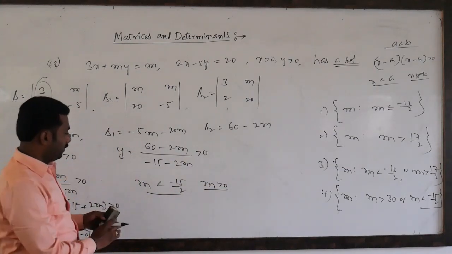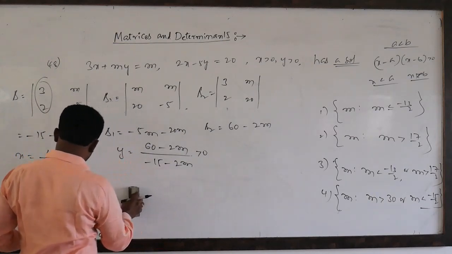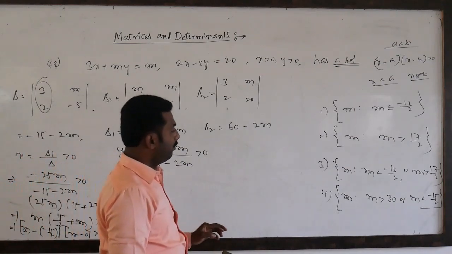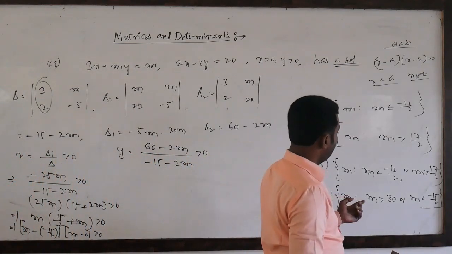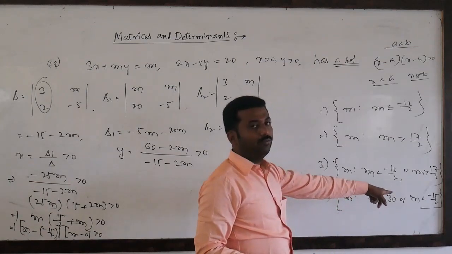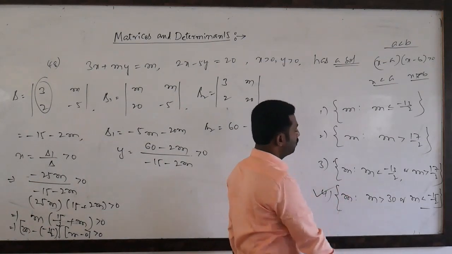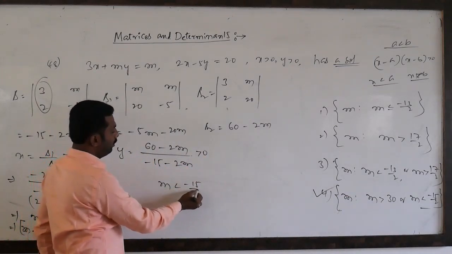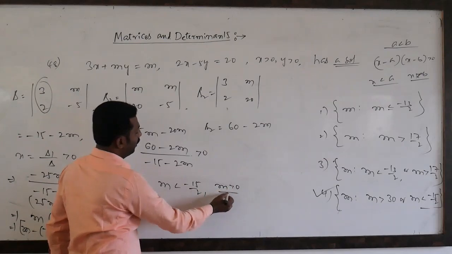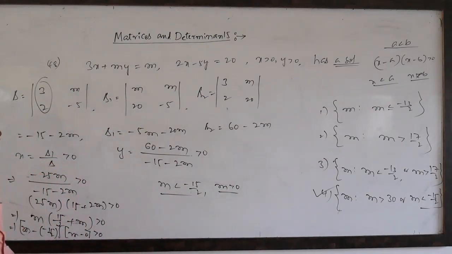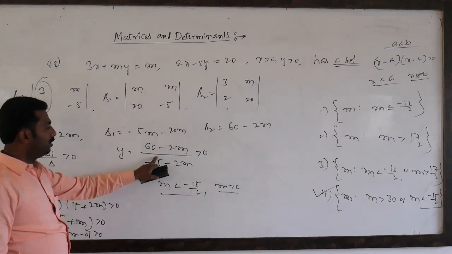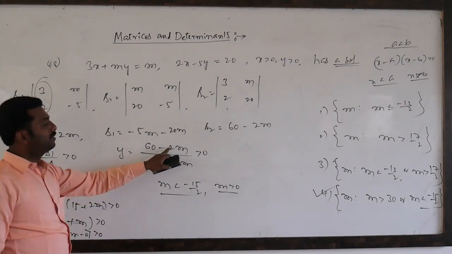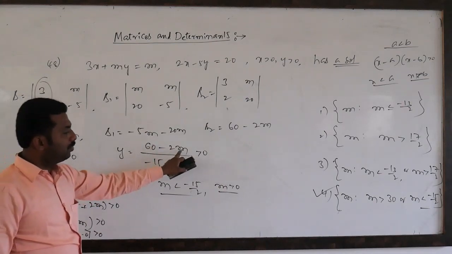So in this case, we got m less than -15/2 or m greater than 0. How many options match? Only one option. If you want to simplify the y condition also, 60 - 2m is 30 - m greater than 0, and m is more than 30 will come.